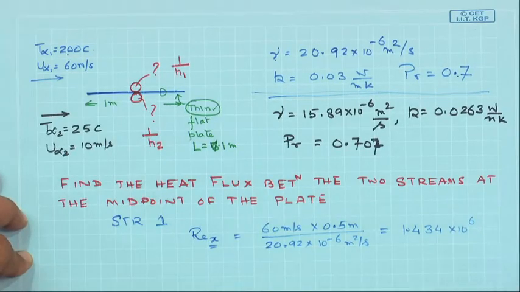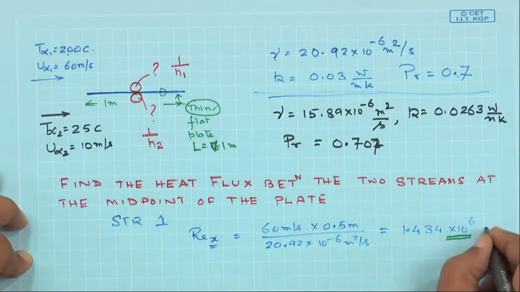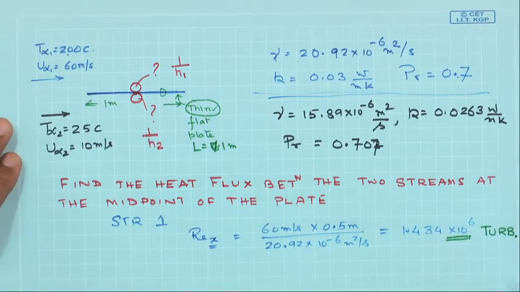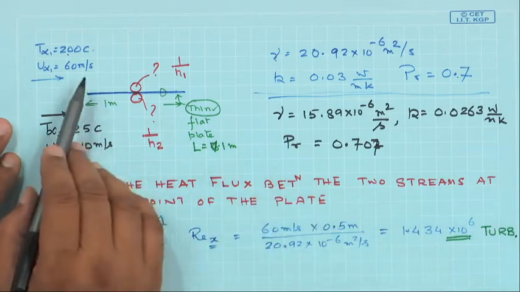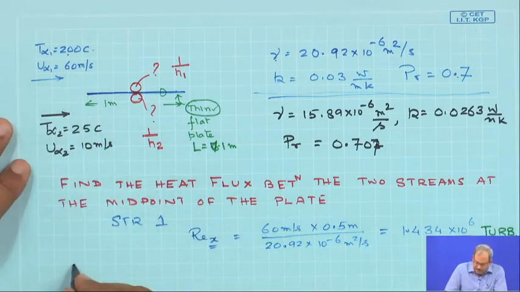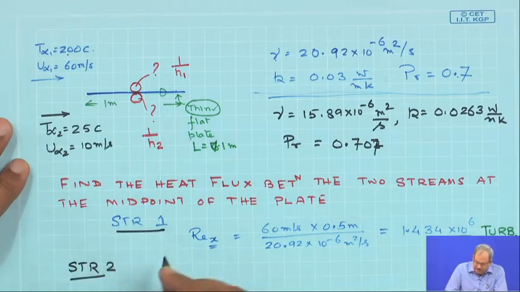And the moment it is 10 to the power 6, greater than 5 into 10 to the power 5, we know that this is going to be a turbulent flow, a turbulent boundary layer, which exists for the flow over the flat plate.